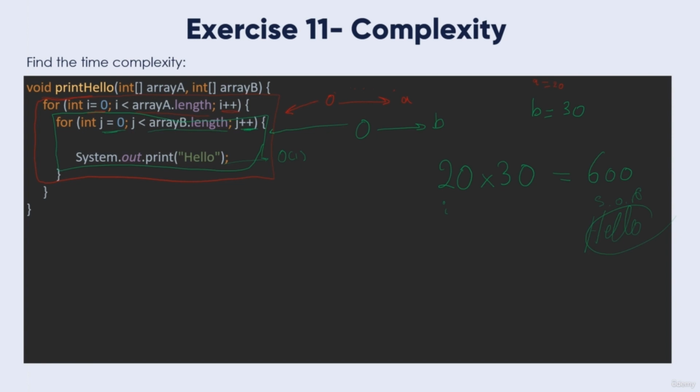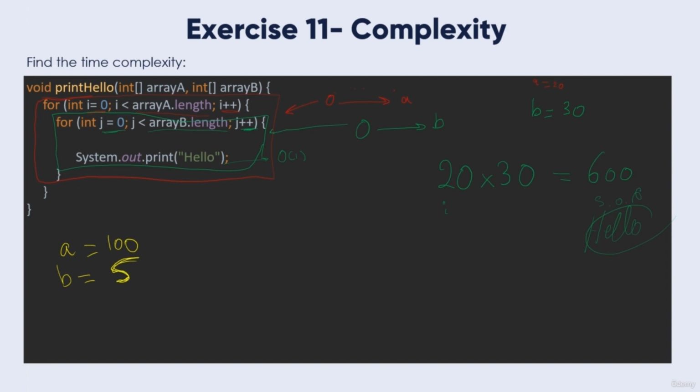Before I tell you the notation, in order to solve all the exercises of time complexity or space complexity, please take an example and change the numbers in order to get the sequence and see how this algorithm behaves. So if I took a equal to 100 and b equal to 5, okay?